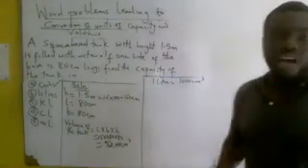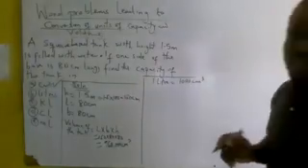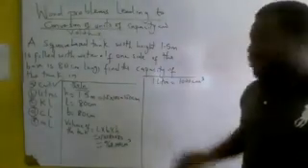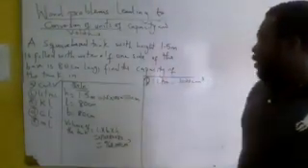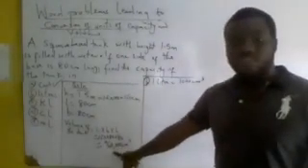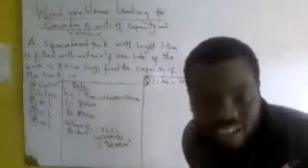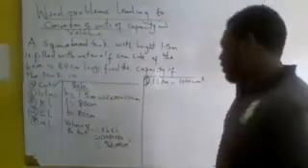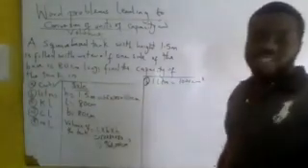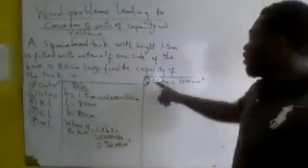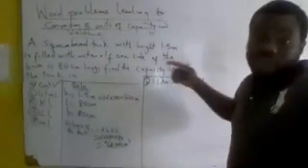So since the volume you have here is 960,000 centimeters cubed, and you have this relationship here, we need to get the value of this in liters.